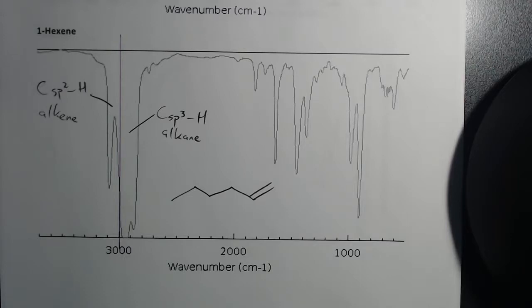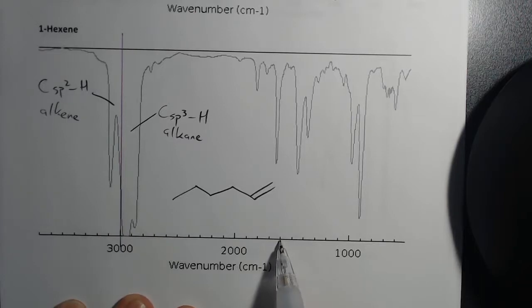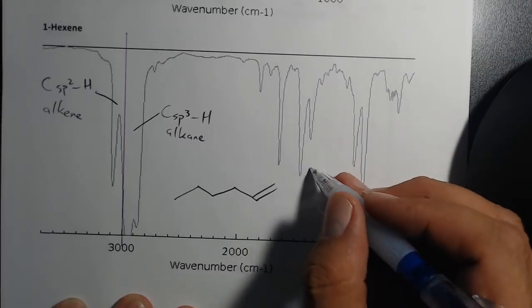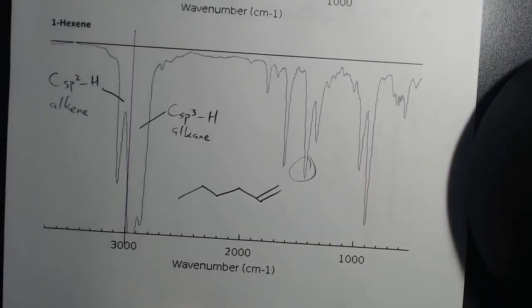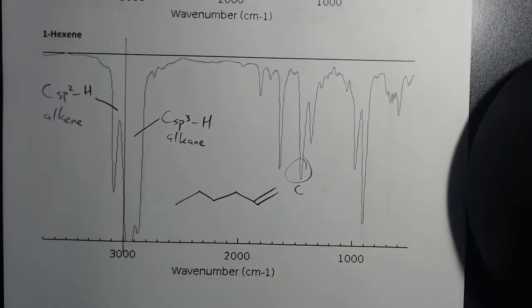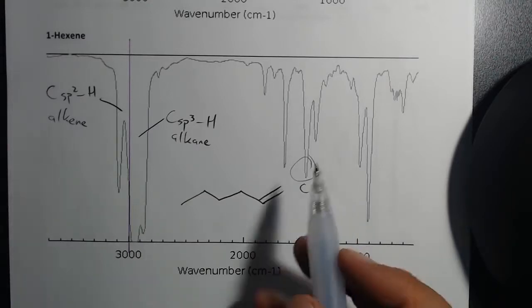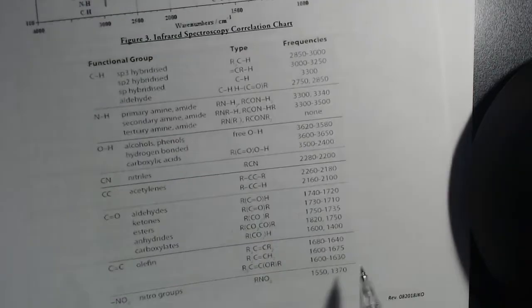And a little bit to the right of that, about 1600, is roughly where 19, 18, 17, 16, so this stuff right here is probably our C=C bond. If you're unsure, we can double check here, but this is the double bond region.